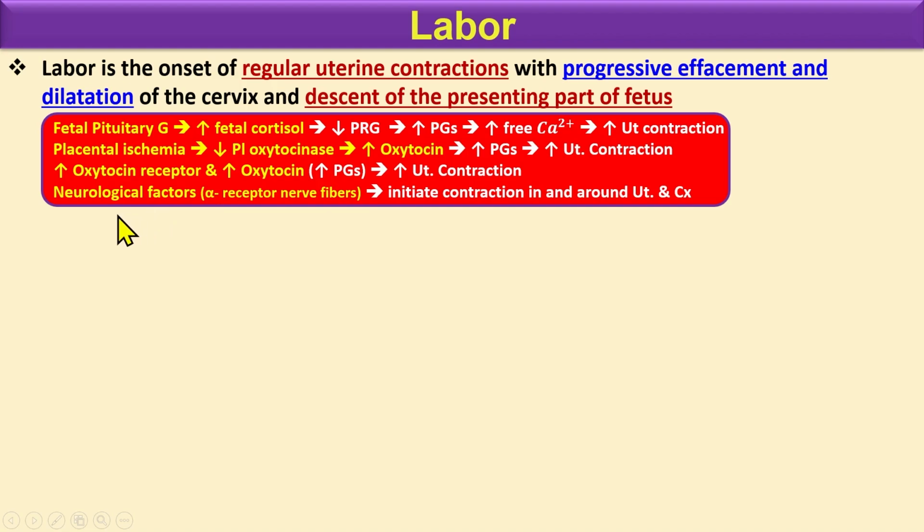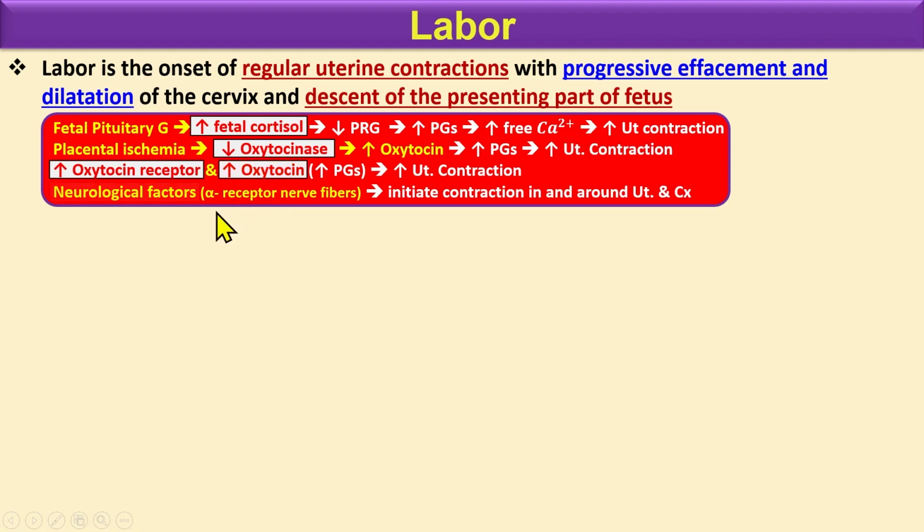The next is some neurological factors, especially alpha receptor nerve fibers. They play a role in the contraction, initiating contraction in and around the uterus as well as around the cervix. In short, there is increased fetal cortisol, decreased oxytocinase enzyme, increased oxytocin receptors, increased oxytocin itself, and there are some neurological factors. These are the components of the different theories regarding uterine contraction.